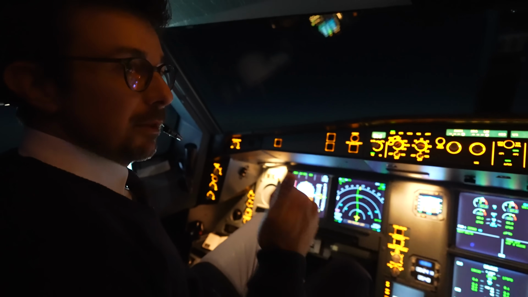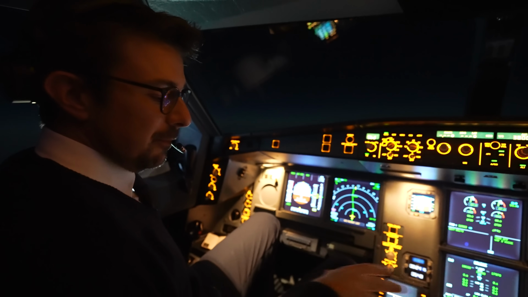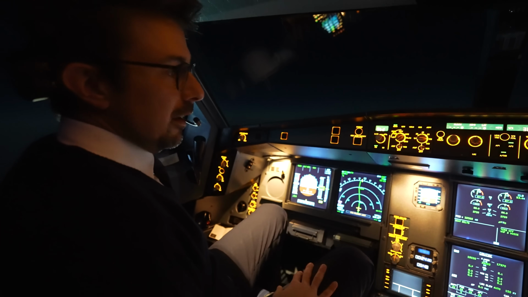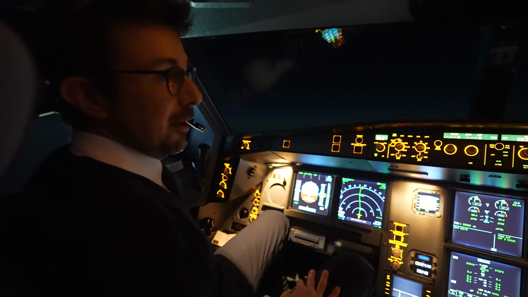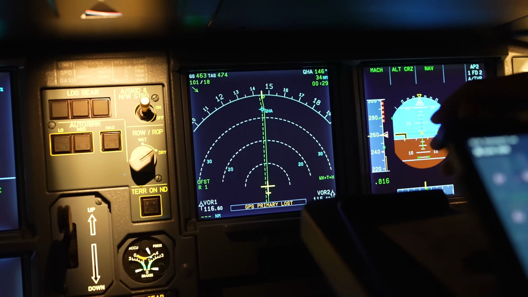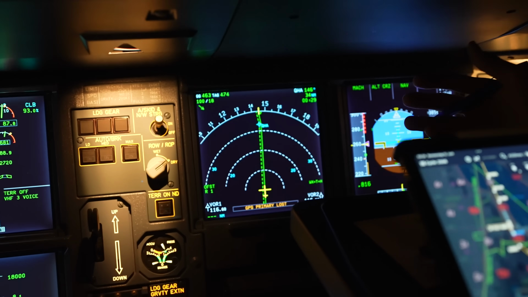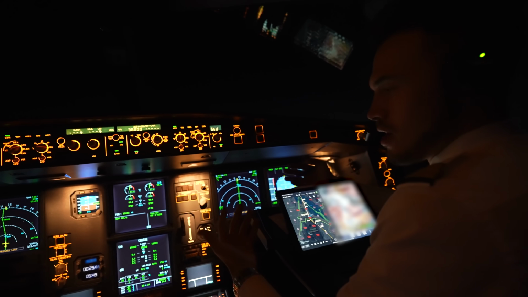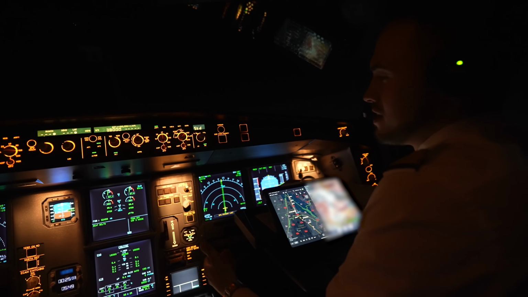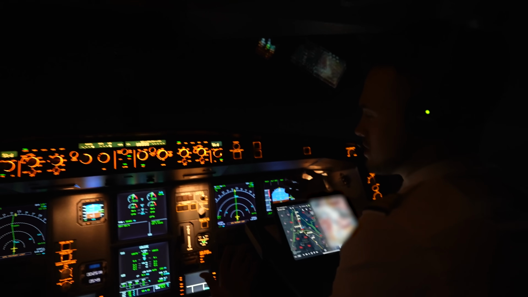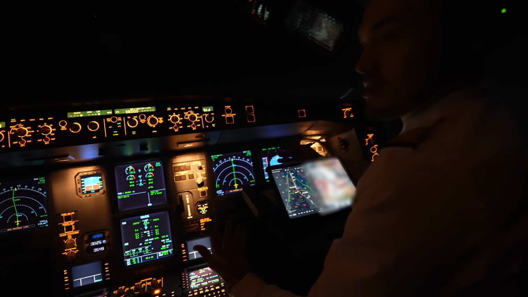We communicate with other traffic on a separate frequency, and we just give ourselves a little bit distance from the airway where most of the aircraft would fly. Yeah, you're supposed to never fly the same offset. One day you should be flying no offset, the other day you should be flying one mile right of track, the other day you should be flying 2 miles right of track. It really depends on the day and on the other traffic.